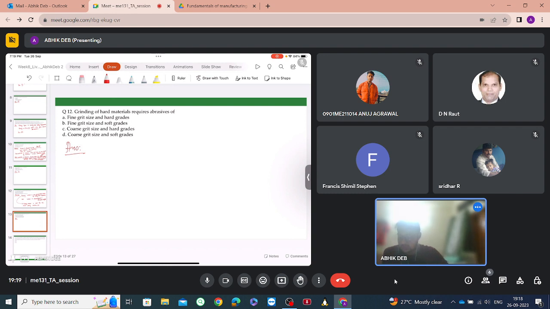So the statement that fine abrasives are used for hard materials is not the correct answer. What I mean to say is that a finer grit will mean more abrasives and hence a more distributed area on which the force can be applied.